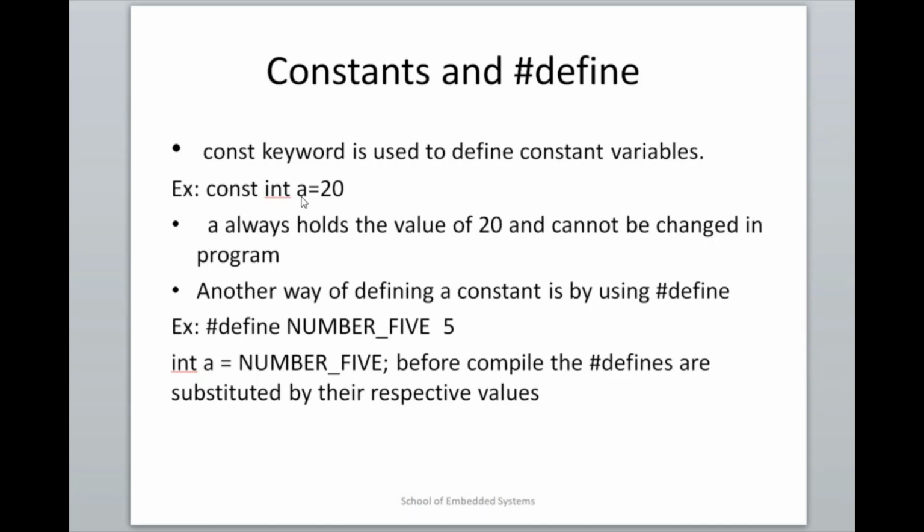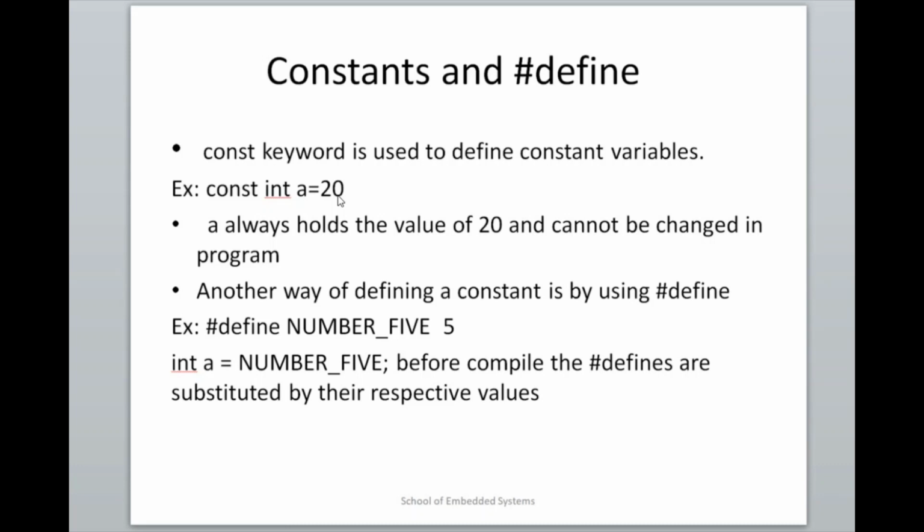At that point you still have to remember that a is 20 and you're not supposed to change it. Even if you make a 30, there is no build error, so there is no trigger for you. But the moment you add const here, it's a direct indication, and if you attempt to update it to 30, it will give an error.